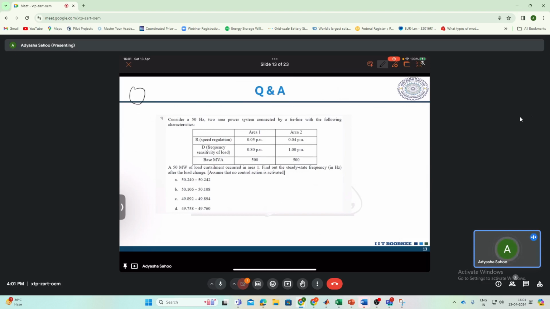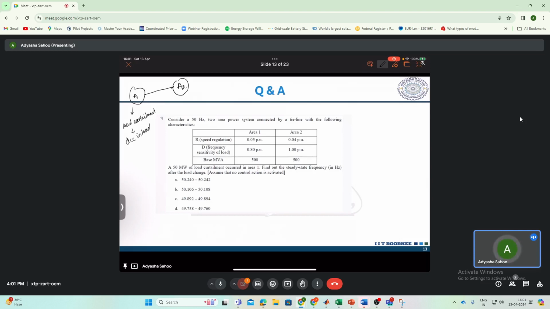So basically it is saying you have area 1, area 2, and they are connected by this tie line, and you have your load curtailment. Load curtailment means load will decrease, right? Implies a decrease in load.